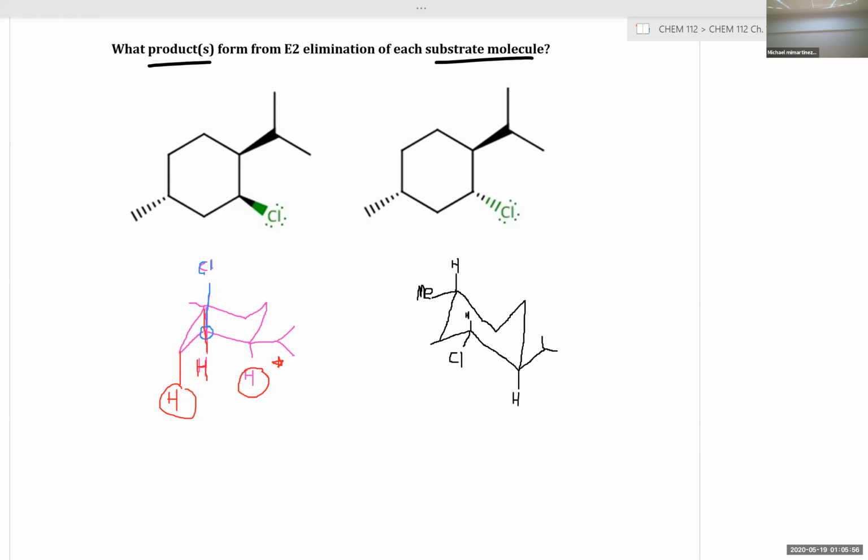For the structure all the way on the right, it's looking good, but now try to draw the most reactive conformation.